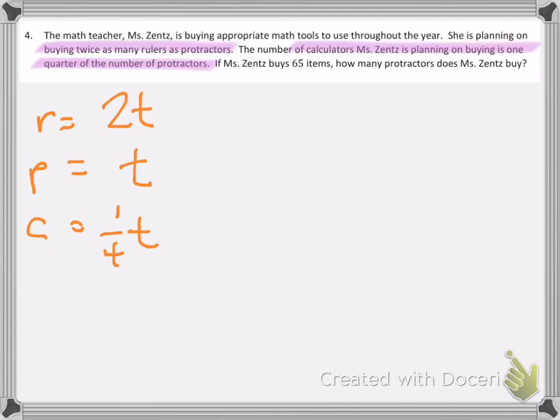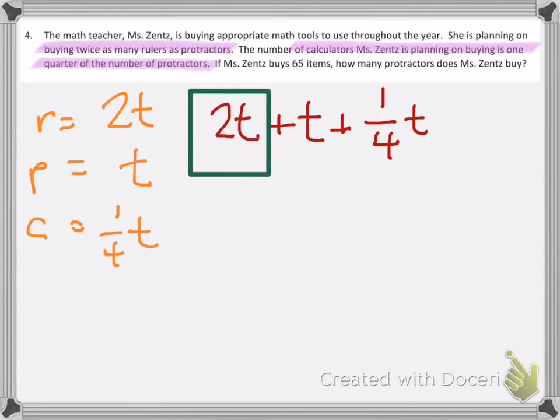And when we add them all up, we get all of the rulers, which is 2T, plus all of the protractors, which is 1T, plus all of the calculators, which is 1/4 T. Okay, and now notice that I have a variable t in that term.